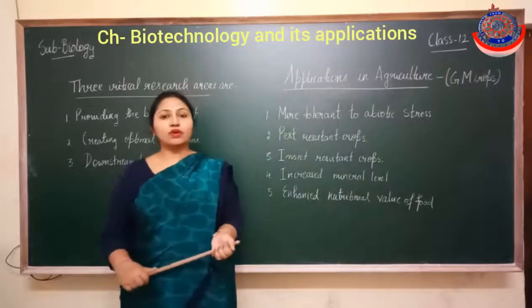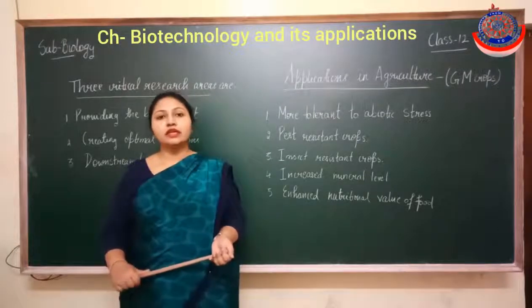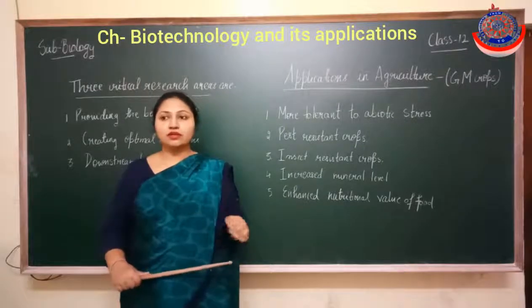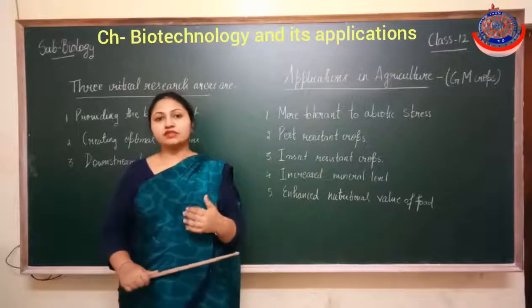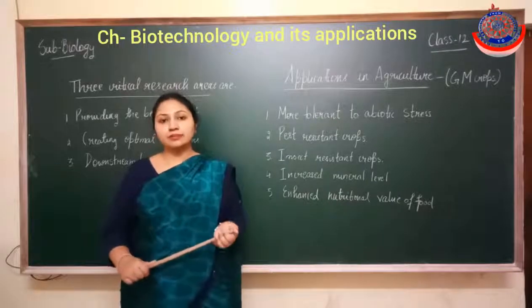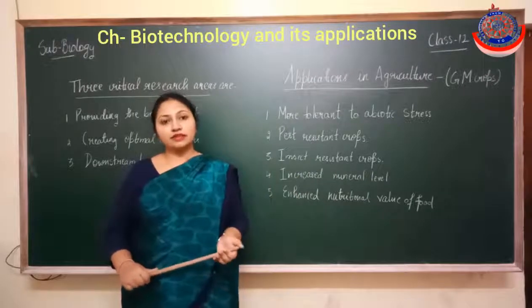First we will talk about plants, how biotechnology is useful in case of plants. If we talk regarding the increase of food production, how the food production can be increased or was increased in the past days.